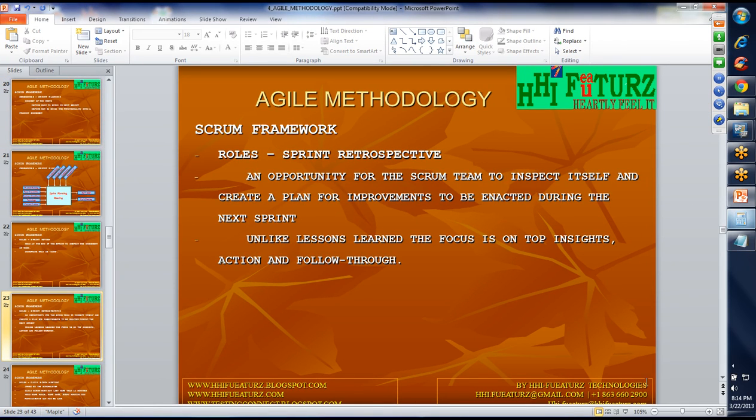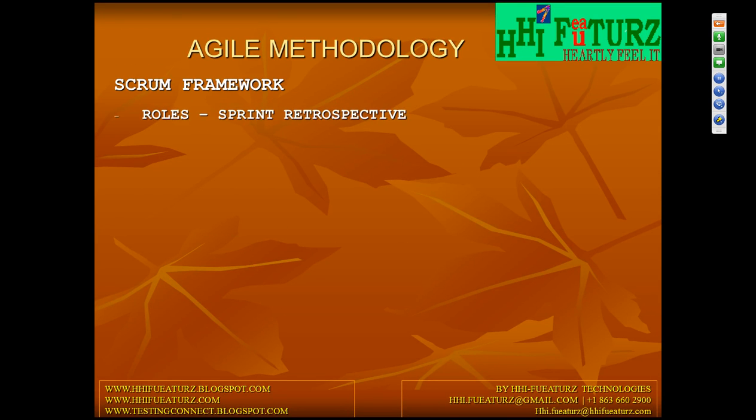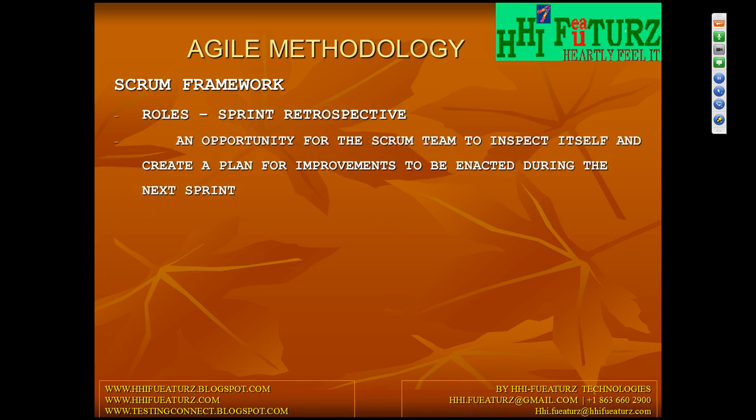At each and every sprint ending, all people sit together and hold a retrospective meeting: what went wrong for this sprint, what went well for this sprint, what didn't go so well, how we can improve the process, where we can improve.